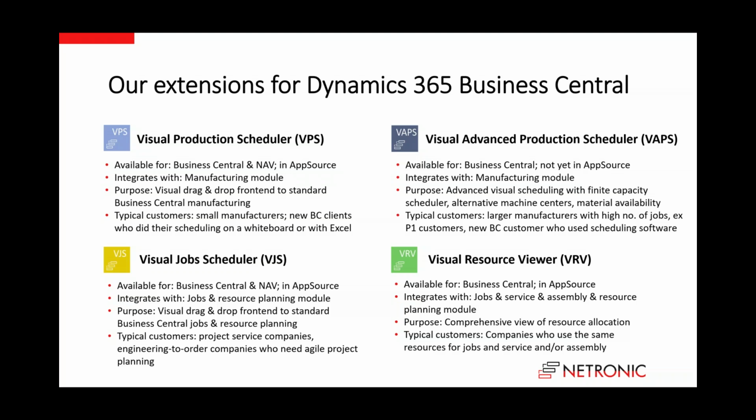So we have no plans to make it available for NAV because internally we have a quite strong event-driven architecture, and we are making big use of the events framework that came with Business Central, and we thought it makes no sense to rebuild this for NAV just to integrate the product with NAV. So the VPS is the product for all versions, and the VAPS is the product for the current and the future versions.